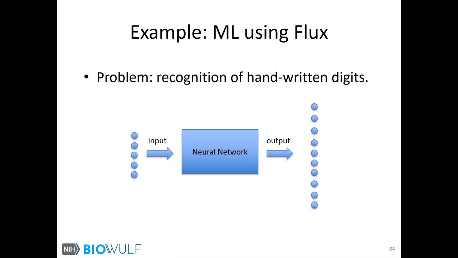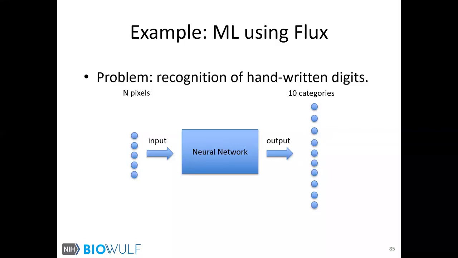It will be what is called a multi-layer perceptron script, and we're going to obtain it from the GitHub repository of Flux. The blue spheres on the left indicate just the number of pixels in the image. There are many more pixels than that, that's just a cartoon, and the output has to be one of the categories. Which category does the input belong to?